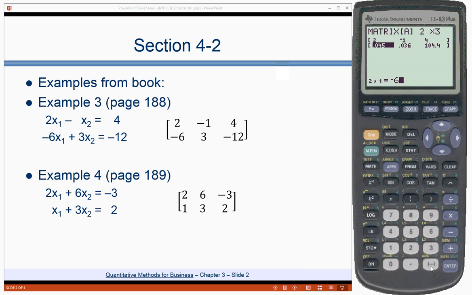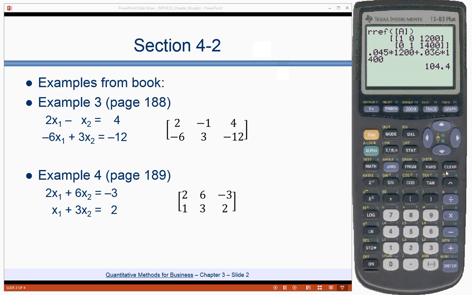And notice for the negative signs, I'm using this minus sign down here. 3, enter, and minus 12, enter. So double check. I got 4 and minus 12, minus 1 and 3, and 6 and minus 2. So I do second quit.